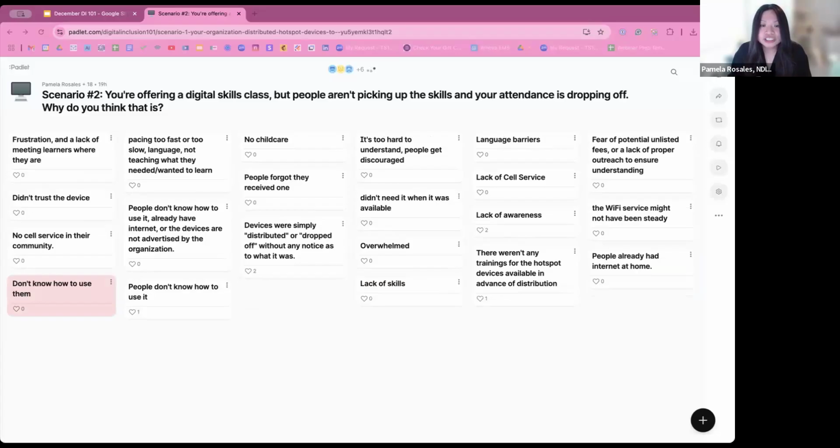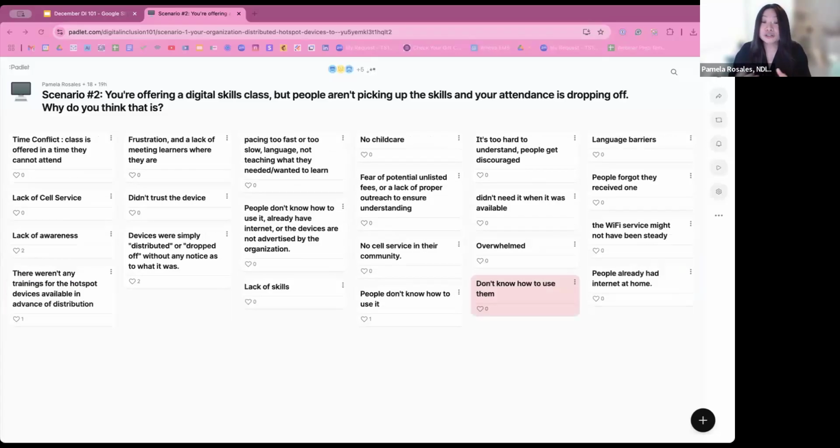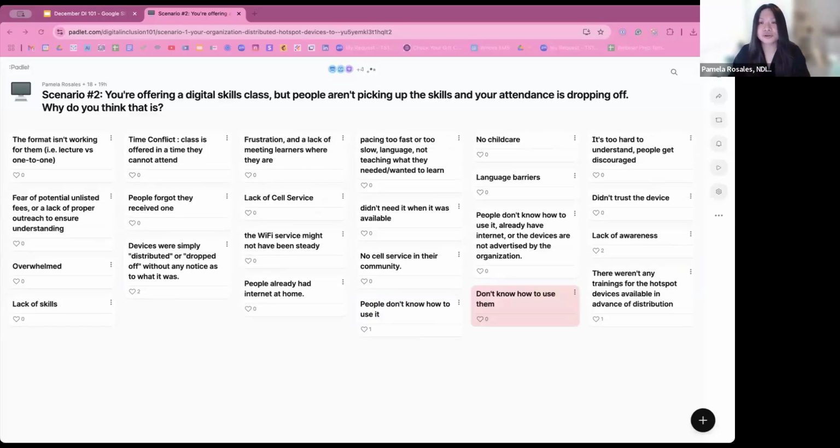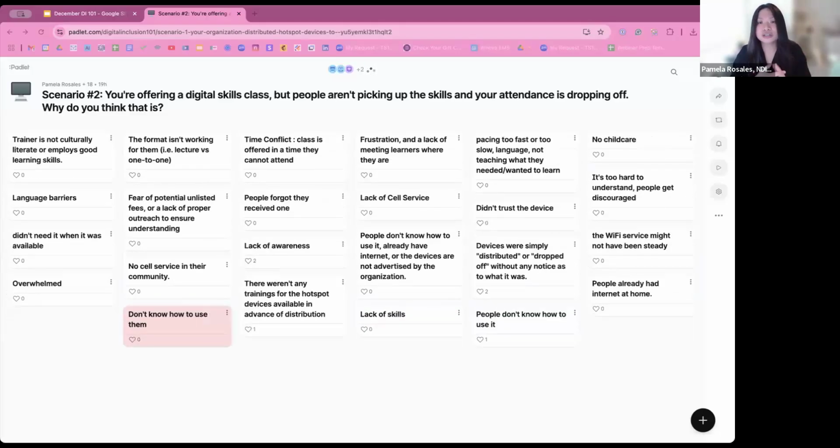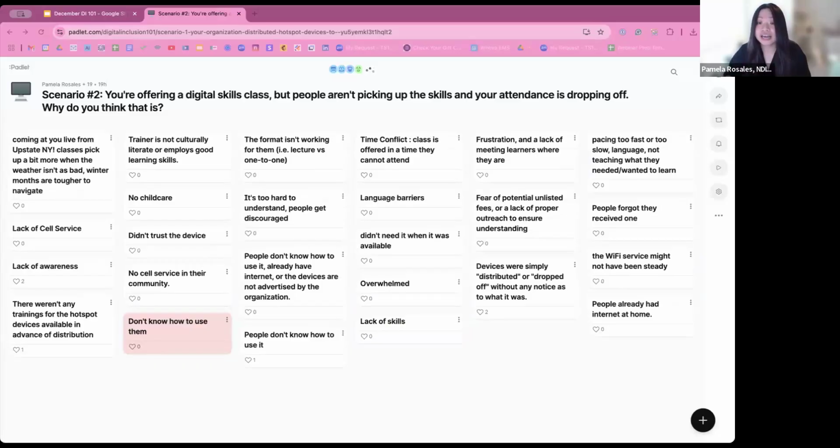Somebody said frustration and lack of meeting learners where they are. Exactly. It could also be that the content is going super fast. Even if you know what they want to learn, if it's going at a very rapid rate, you're not allowing them to actually learn it and apply it. That will be enough to get frustrated, and then enough for them to not attend.